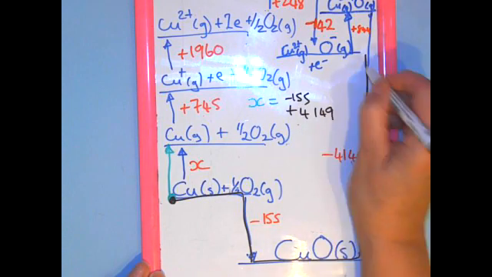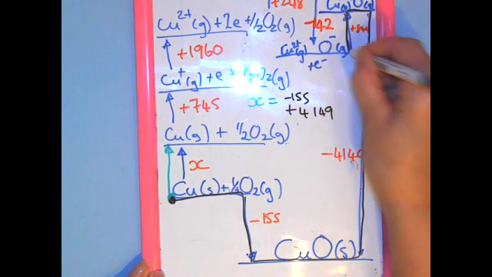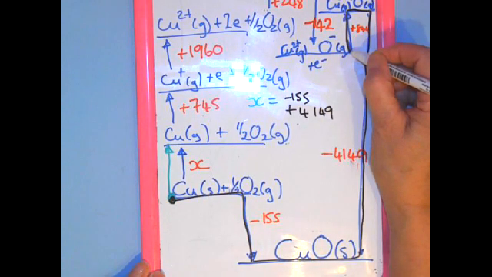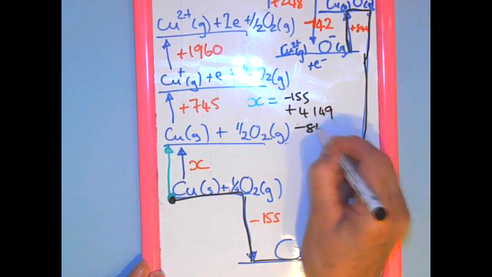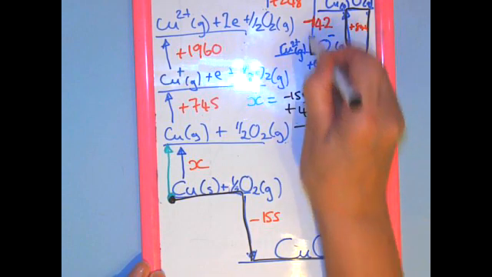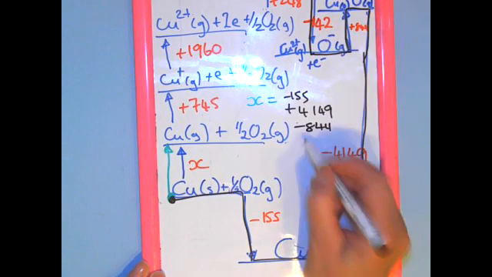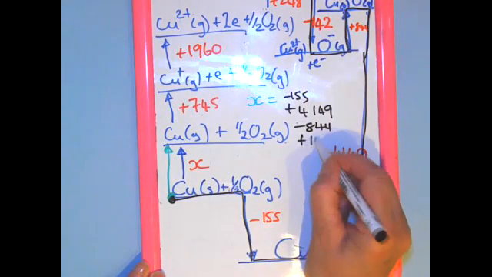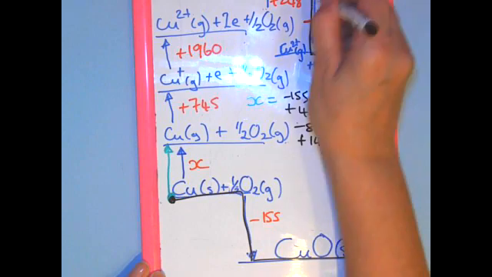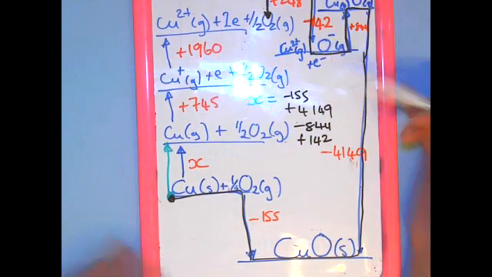4149. That's up here. I'm then going down here, so I'm going against that arrow, so that's minus 844. Coming across here, I'm going up this way, so I'm again going against that arrow, so I'm going to flip the sign, so that's plus 142. Down here, I'm going against this arrow.